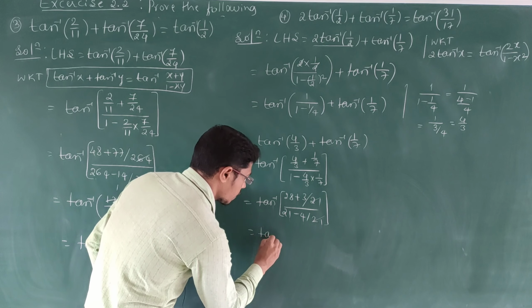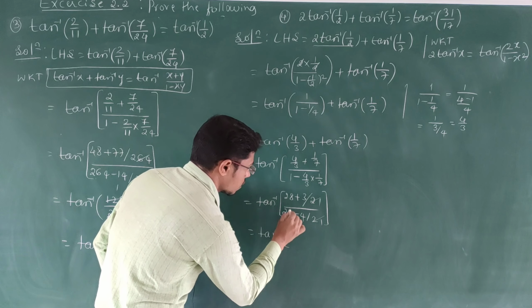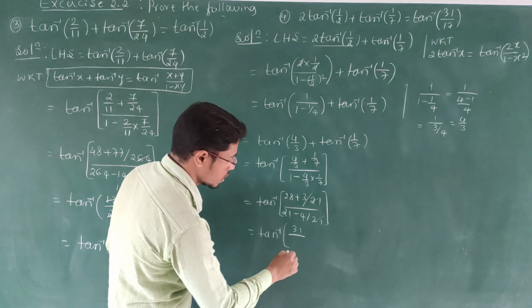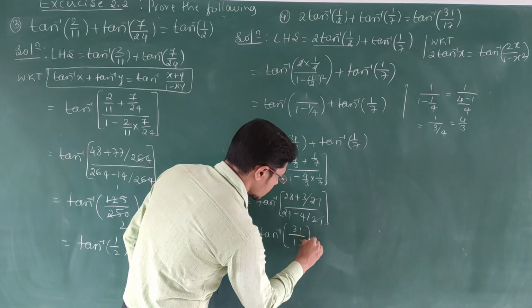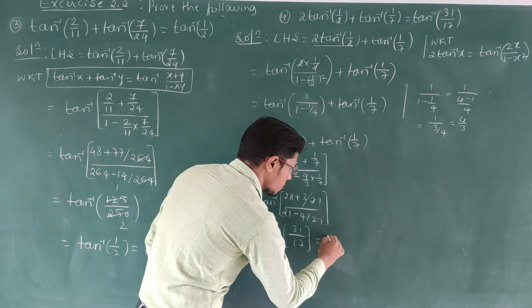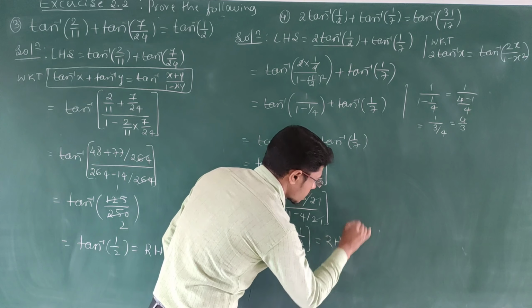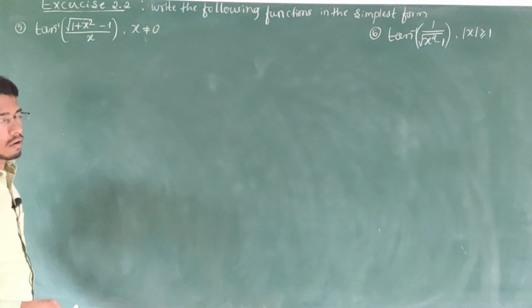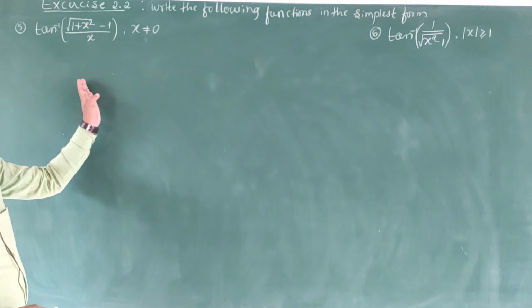This is equal to the tan inverse of 28 plus 3 is 31 divided by 21 minus 4 is 17. See, required result. This is 31 by 17, right? This is equal to the RHS. Okay, very important problems.